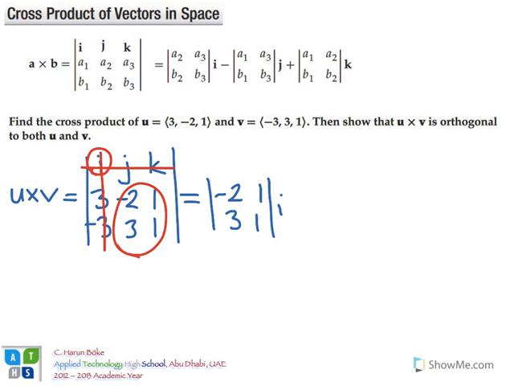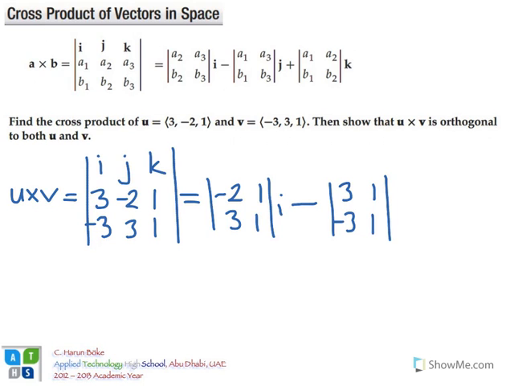And then minus the determinant with 3, 1, minus 3, 1 times J, where I cancel the first row and second column. This is the intersection, so I write J there, and these are what is left to me, so that I get my 2 by 2 determinant.